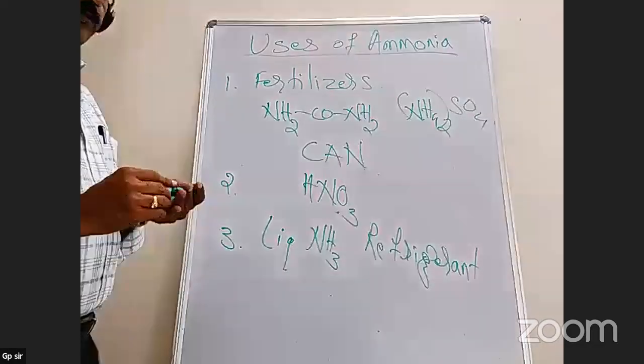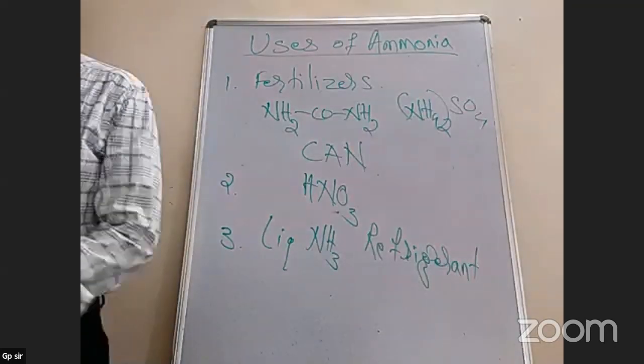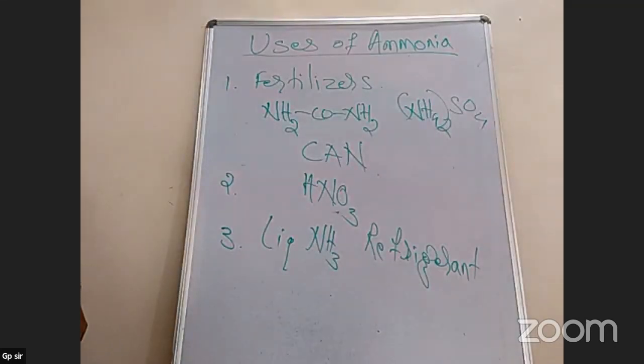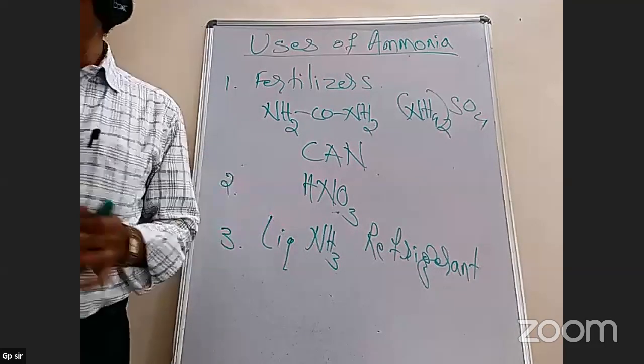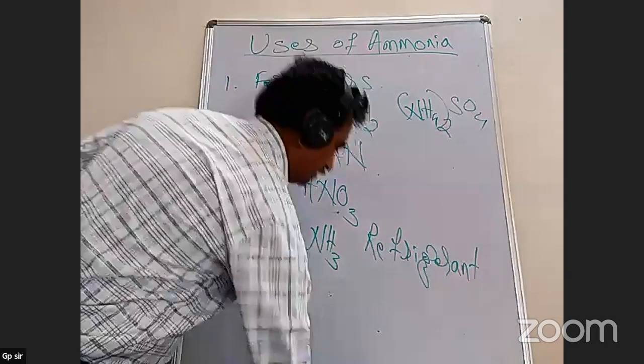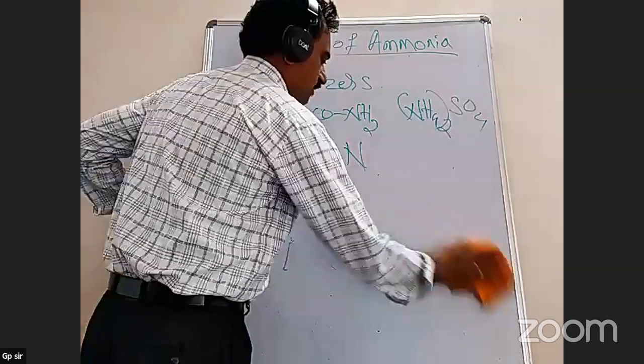As ammonia has a pungent smell, you can tell if there is any leakage in the refrigerant, because a pungent smell comes out. These are some important uses of ammonia.